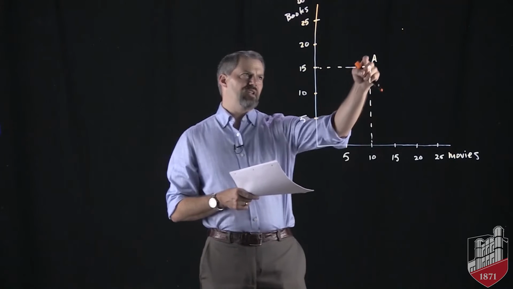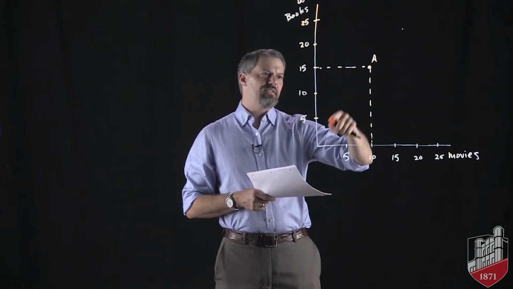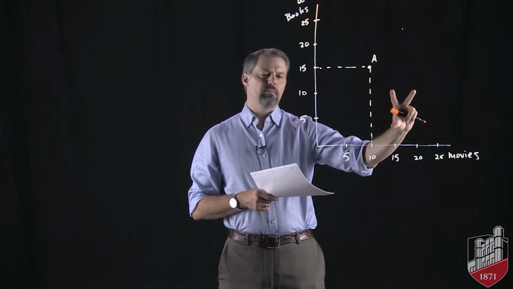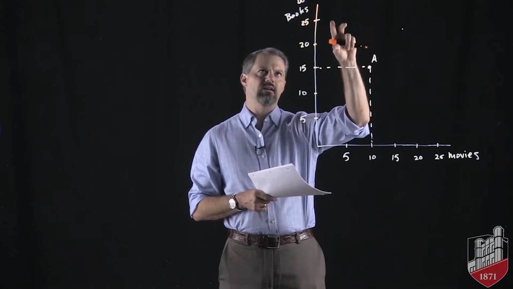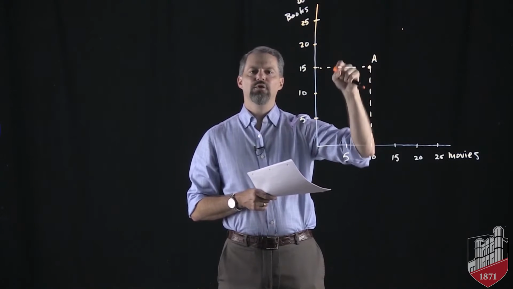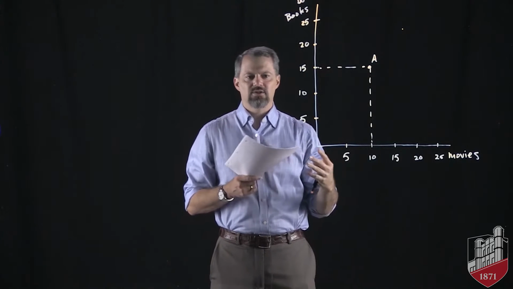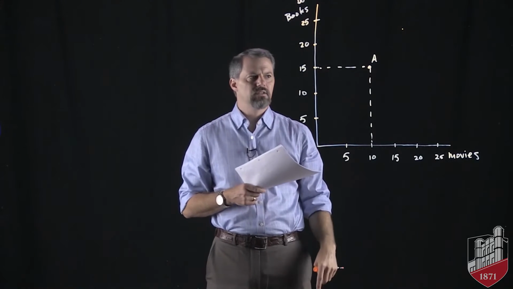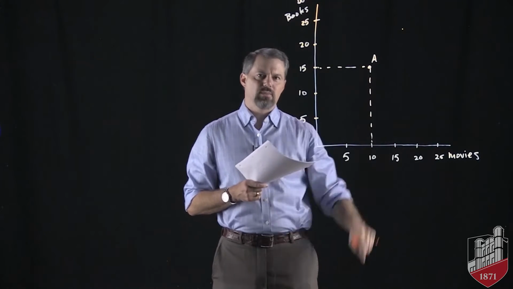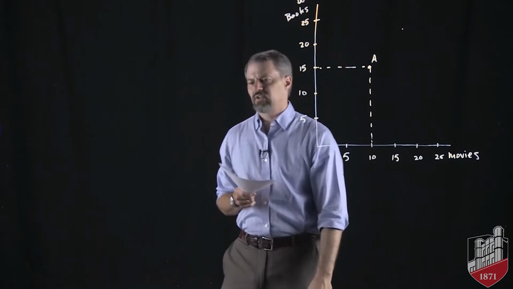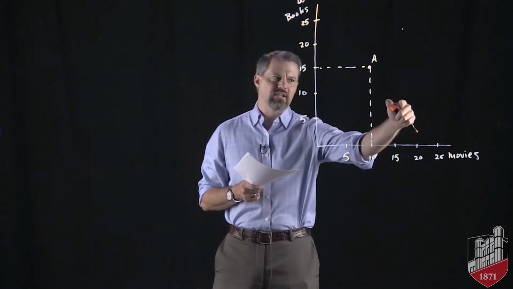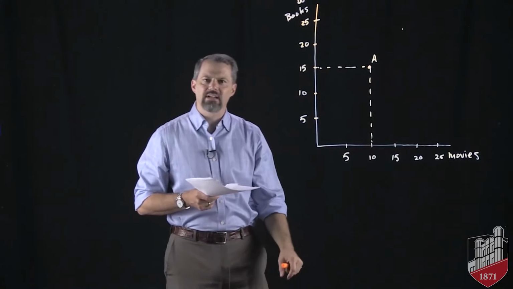But we can't say much yet about the bundles up here or down here. A bundle up here has more books than bundle A, but fewer movies, so it depends on how much the consumer likes books compared to movies. And a bundle down here has more movies but fewer books than bundle A, so again, it depends on how much the consumer likes books relative to movies whether they would like a particular bundle out here more or less than bundle A.